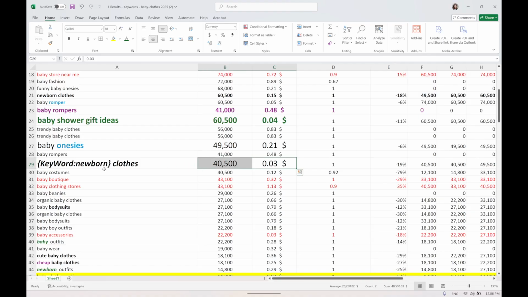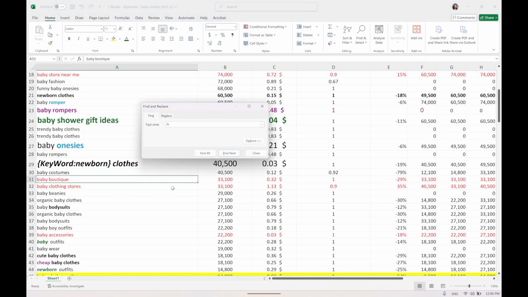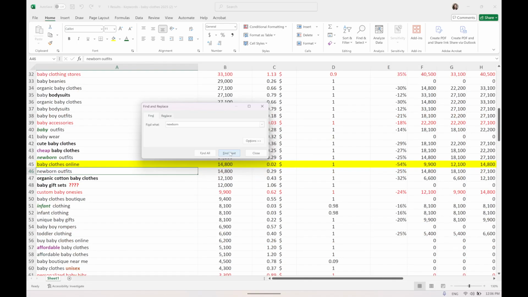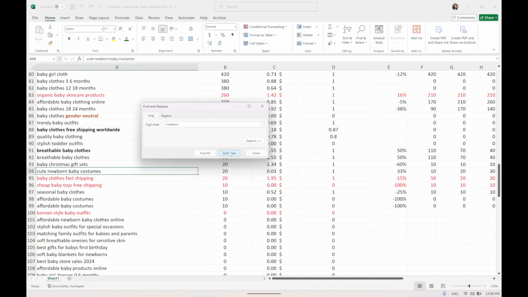even though I'm not sure if this data is correct. Newborn clothes, I'm not sure if this data is correct. Let me see if there's newborn outfits. Yeah, this CPC looks about right. Newborn outfits. Anything else in newborn? No, this is baby costumes.